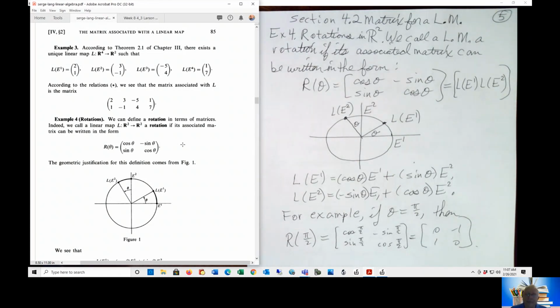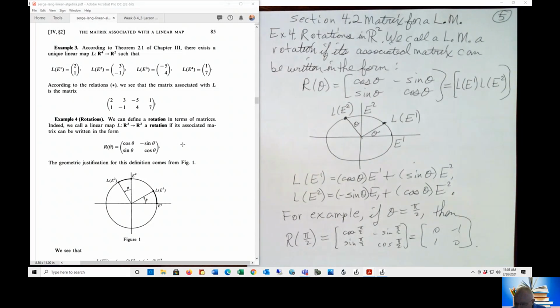For example, if we wanted to rotate through an angle of pi over 2, or 90 degrees, then R of pi halves would be cosine pi halves, negative sine pi halves, sine pi halves, cosine pi halves, which is simply the 2 by 2 matrix 0, negative 1, 1, 0.